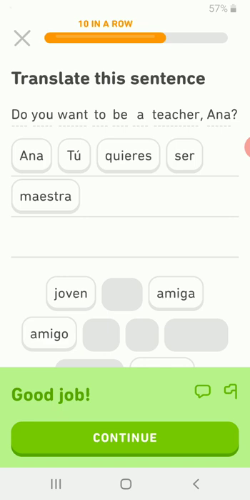So notice the difference here. In English, you ask a question using the verb to do, so do you want, etc., as a helping verb or an auxiliary verb. And we also put the name at the very end. But in Spanish, usually you use the name at the beginning.